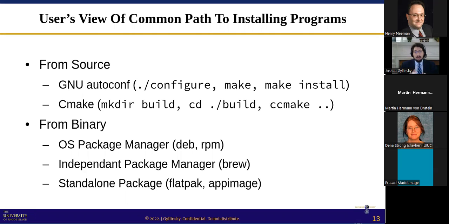If it's a library-based thing, for example in Python, you might have Conda or other similar things, or pip. And you might have a standalone package. Flatpak and AppImage are examples that are starting to become more prominent. And actually, later in this presentation, I'll show how easy it is to make an AppImage.